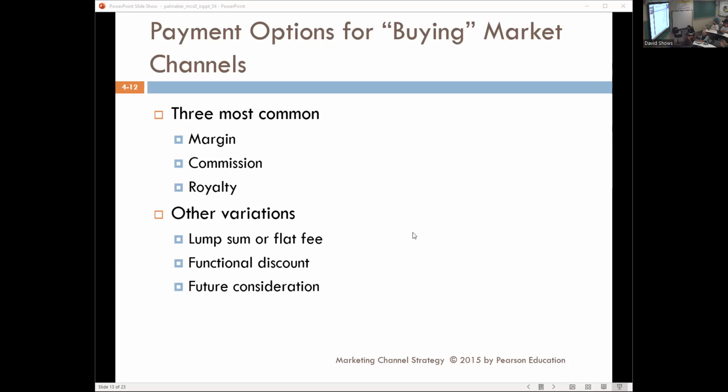The next is what's called a functional discount. And the key word is functional. It means that you, in essence, are paid for the functions that you do. And so you're reimbursed for expenses in the production of work.